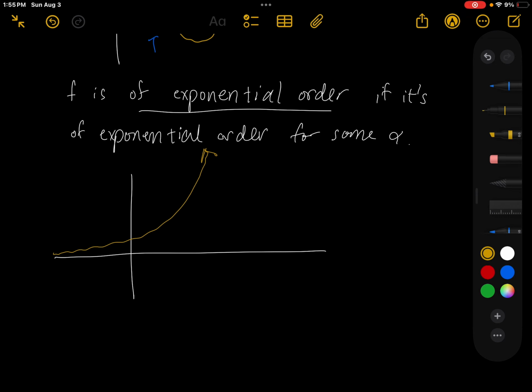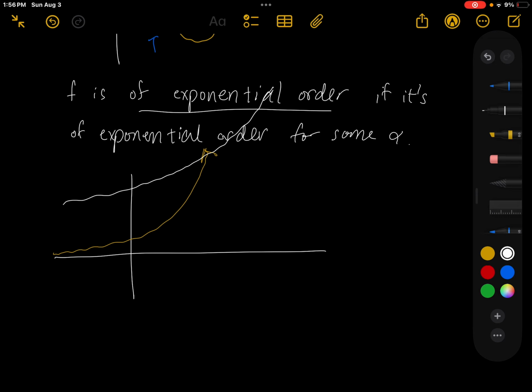So if you can come up with a function m e to the alpha t so that when you graph it, eventually it'll always be above the graph of f or the absolute value of f, then your function would be of exponential order. But if you have a function that grows so fast that it always exceeds every exponential function, then your function would not be of exponential order.